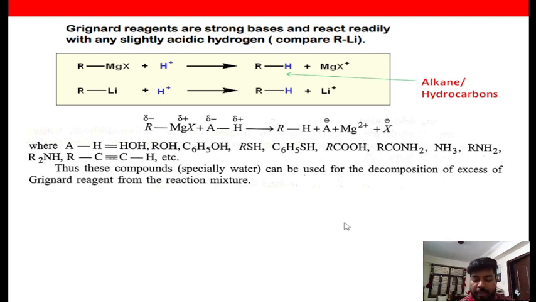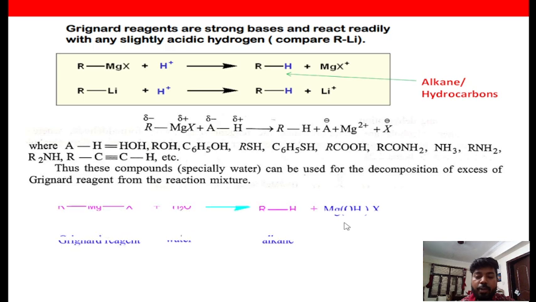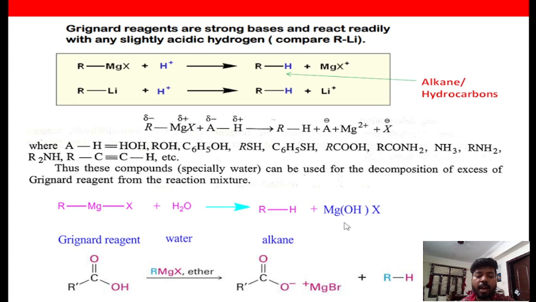At the end they give a hydrocarbon or alkane as a product. Look at one example: Grignard with water abstracts the acidic proton and gives alkane. Even with carboxylic acid it will give the carboxylate salt of magnesium bromide and the alkane.